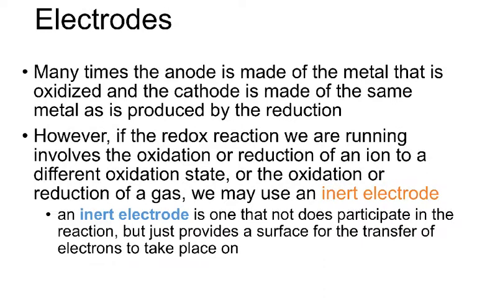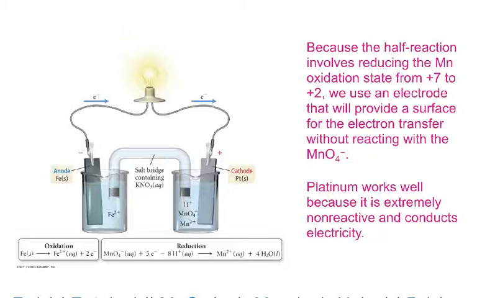I've mentioned those inert electrodes. Some redox reactions will involve changing an ion to a different oxidation state or gases. Then we will use an inert electrode. So let's look at an example here. The reduction reaction involves the manganese changing oxidation state from +7 to +2.